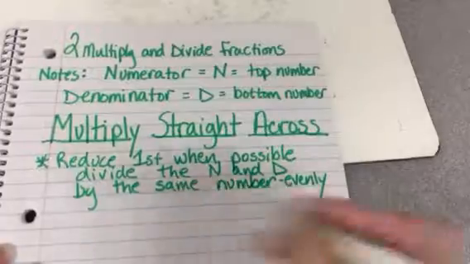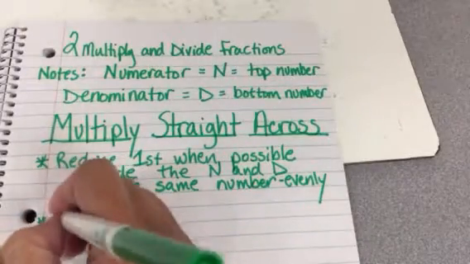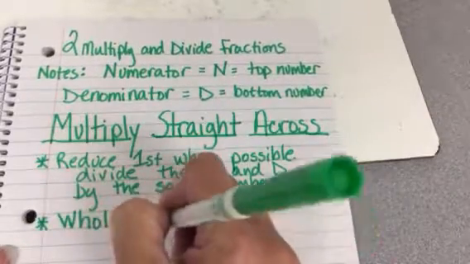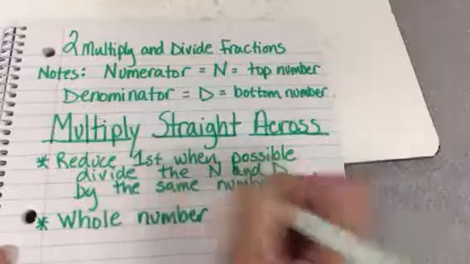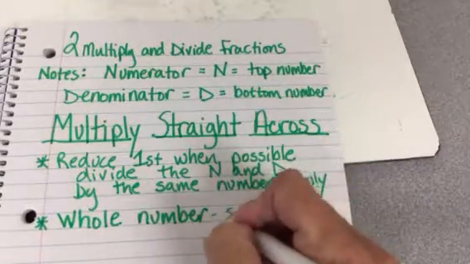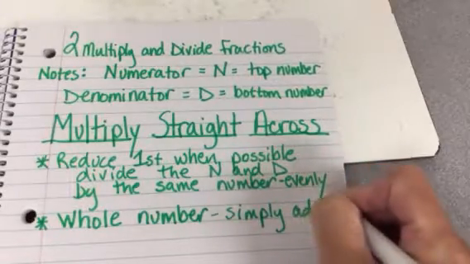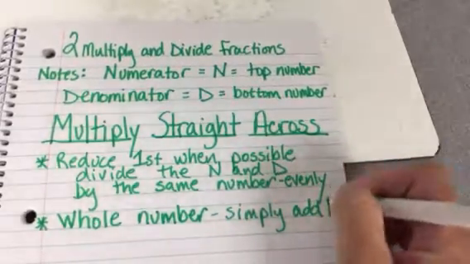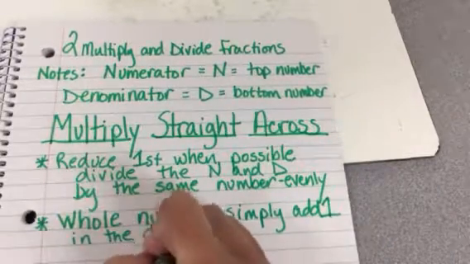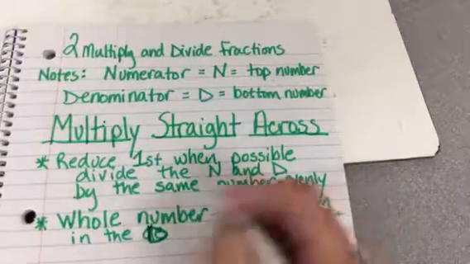It has to be a number that they can both divide by evenly with no remainder, no decimal, no additional information. Another note that we'll put here is when you have a whole number, and I'm going to give an example of this in just a minute. When you have a whole number, you simply add a 1 in the denominator spot.